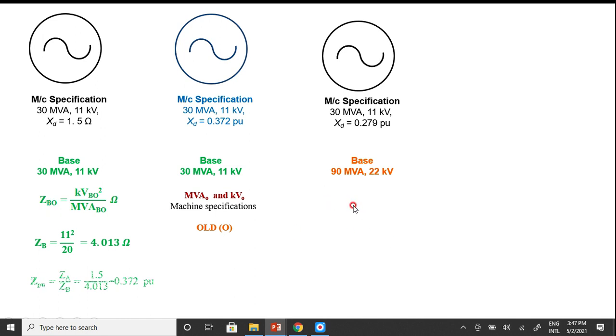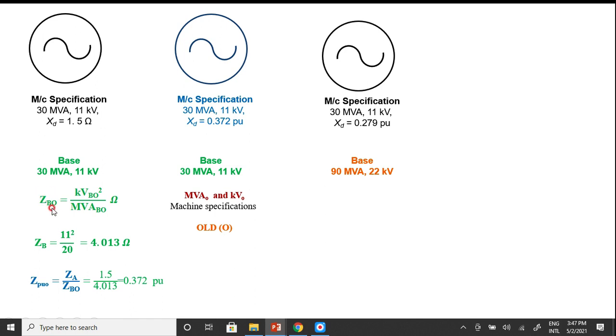Then look into the per unit equation. The per unit value I am calling Z per unit old, which is equal to ZA, which remains the same. ZA will not change, that is the actual value. ZA divided by ZB old; ZB old is 4.013, and I get 0.372.